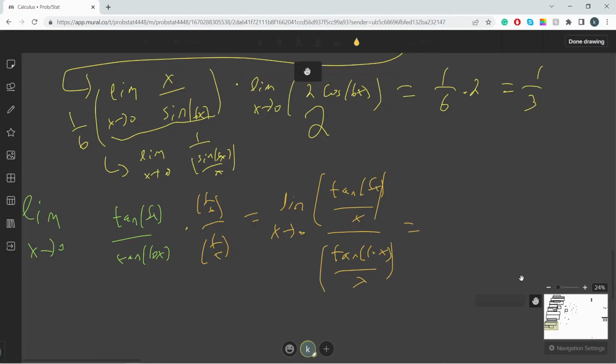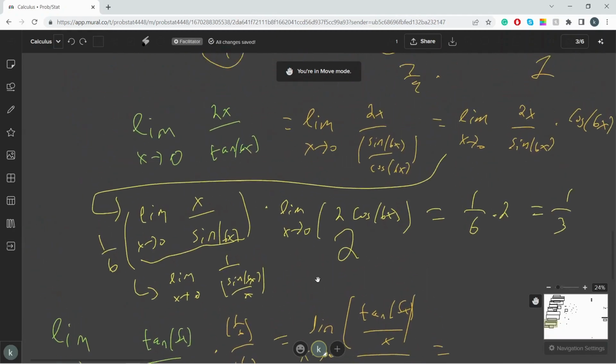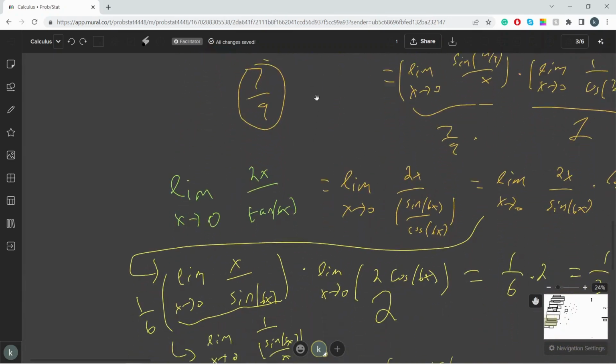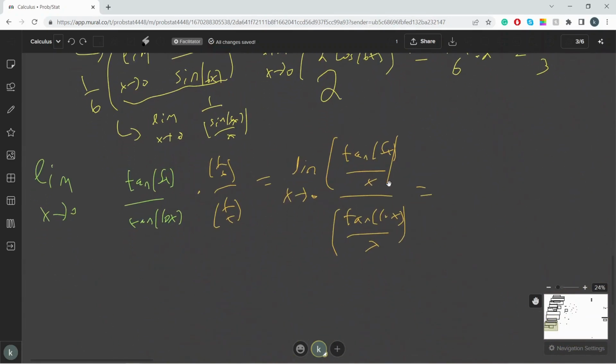And you might notice that this form in both the numerator and denominator looks more akin to this example right here. And we saw a trick for how we got 7/9, so we're going to use a similar trick to get the answer for this problem. So we'll see here, the limit as x approaches 0 of tangent of 5x over x is just going to be 5 over 1, through the trick or the pattern we saw.